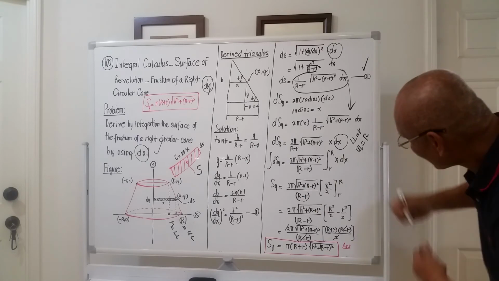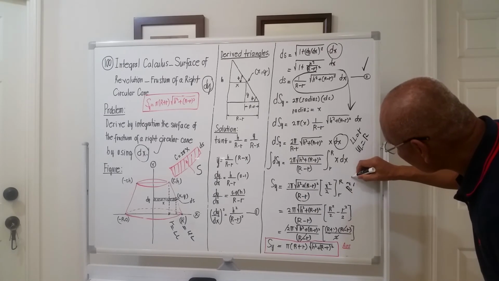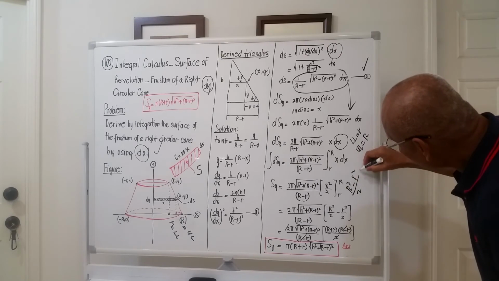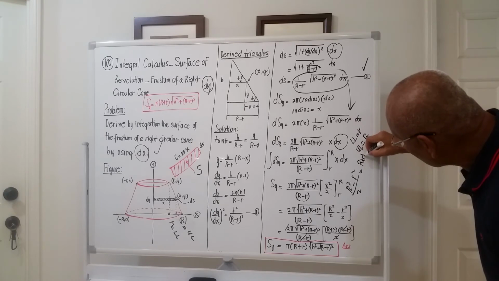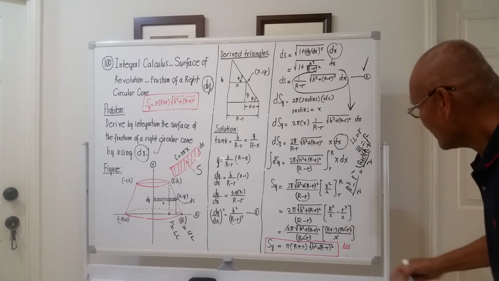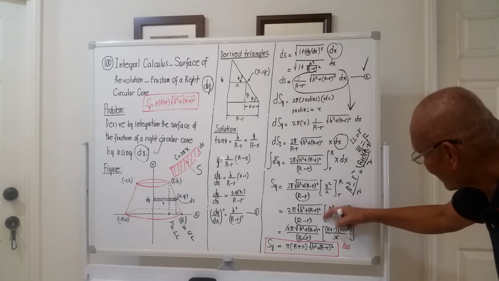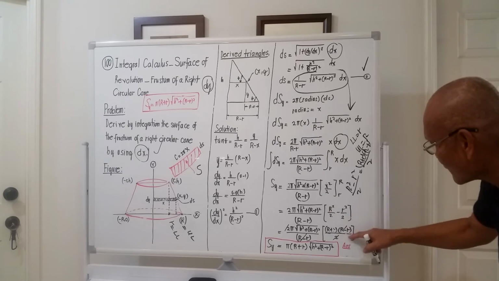It will be R square minus r square over 2. But big R square minus small r square is R plus r times the quantity R minus r over 2.